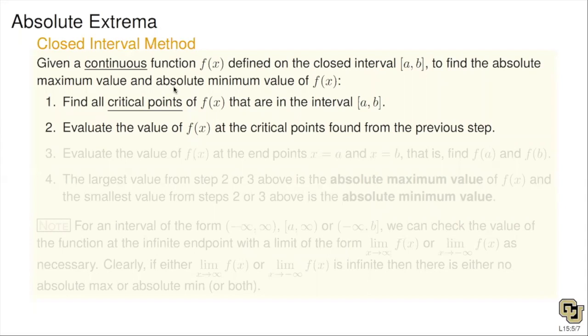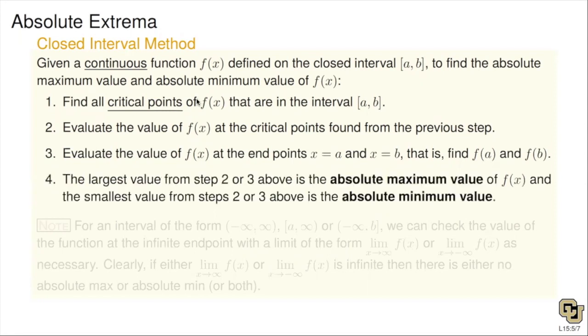Extrema can also occur at the endpoints. So I'm also going to check the value of the function at the endpoints, i.e. I'm finding f of a and f of b. And now the largest y value from steps 2 or 3 is the absolute maximum value of the function. And the smallest value from step 2 or 3 is the absolute minimum value.